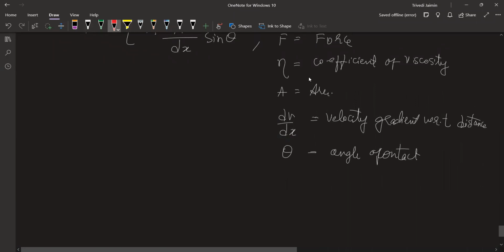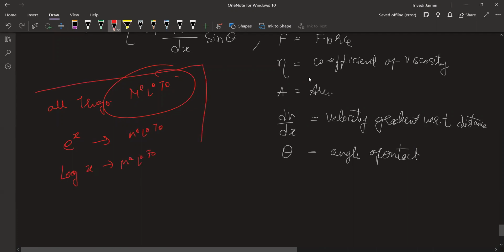Trigonometric ratios, all their dimensions are M0 L0 T0. Like e to the power x, same goes for M0 L0 T0. Same in log x. Keep this in mind.